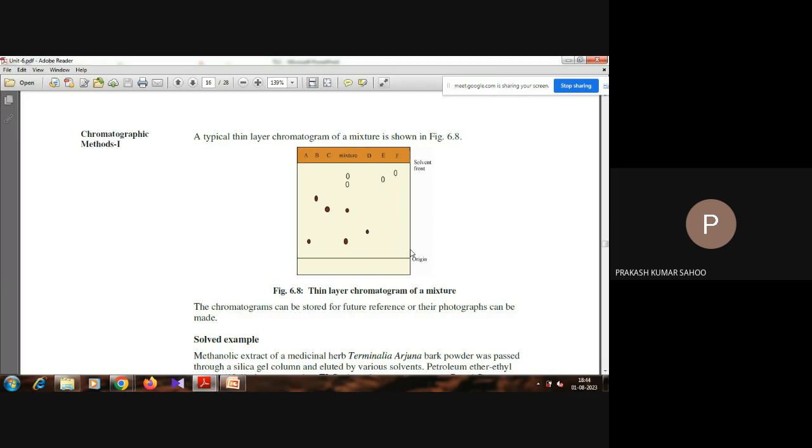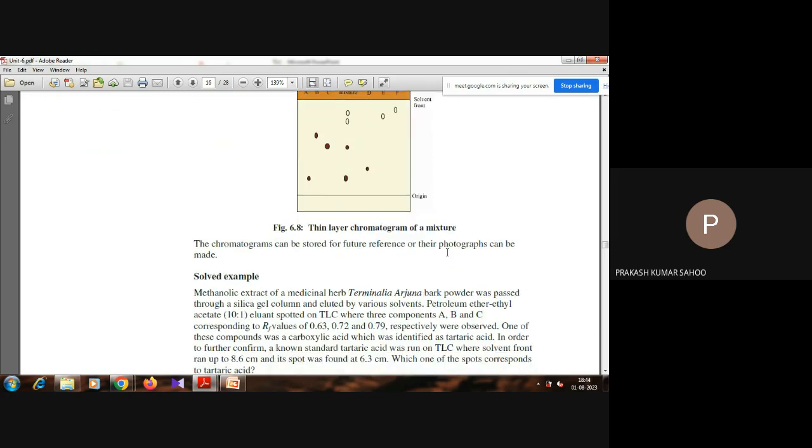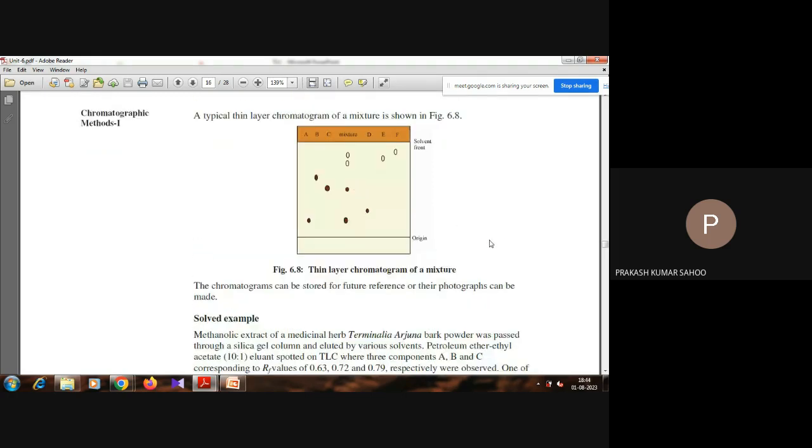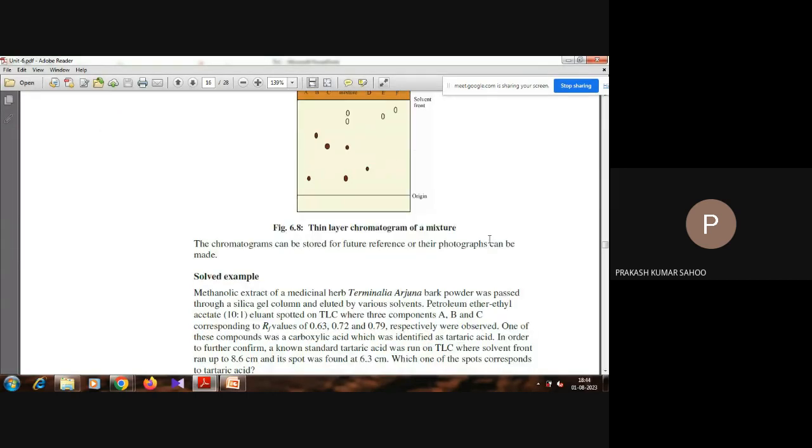Then after immersion in the selected solvent, there will be migration of the samples from the origin. Then, depending upon the distance covered, we will have our retention factor.